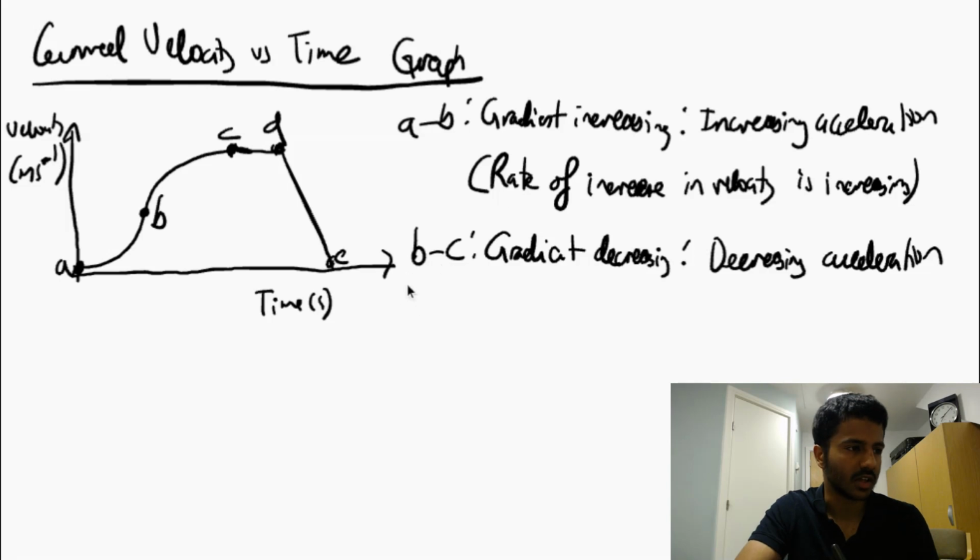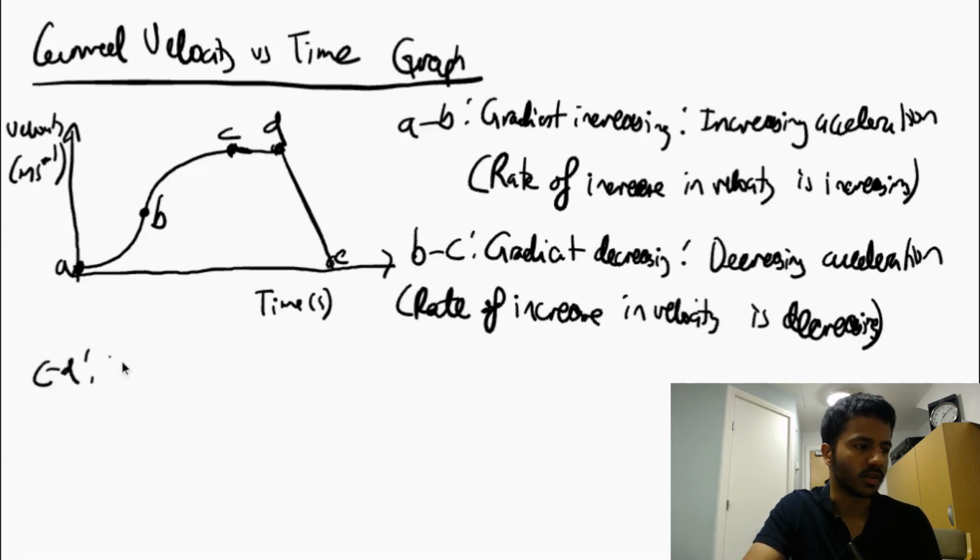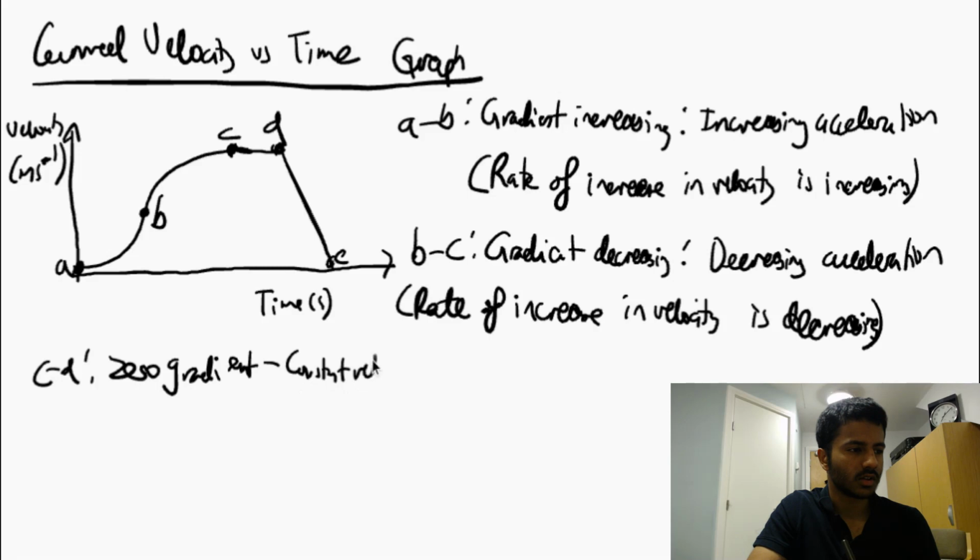So you can say that the rate of increase in velocity is decreasing. We know at points C to D there's zero gradient, and we said before that's constant velocity, and at points D to E there's constant deceleration.